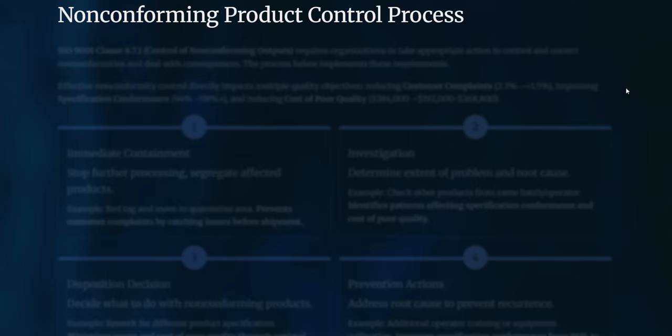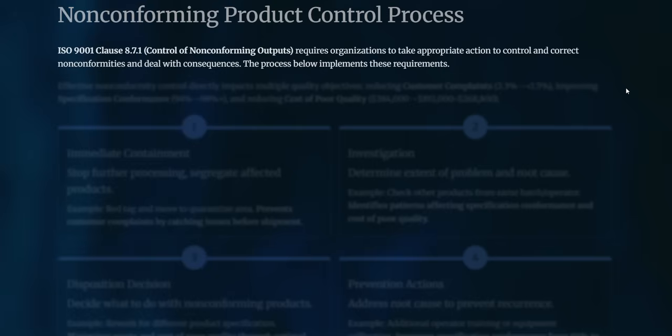Now, non-conforming product control procedures or processes. ISO 9001 Clause 8.7.1, control of non-conforming output, requires organizations to take appropriate actions to control and correct nonconformities and deal with consequences.